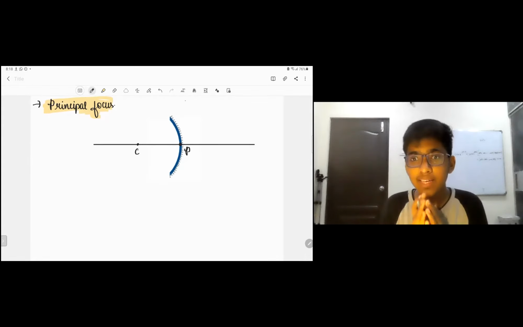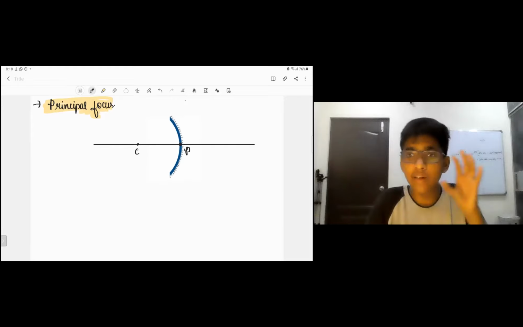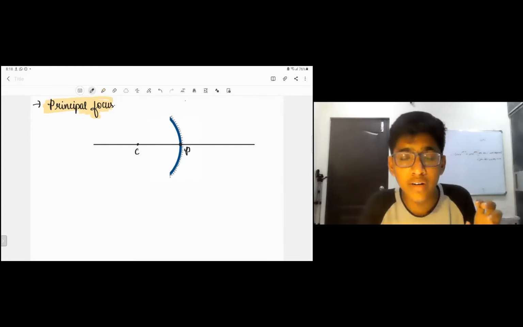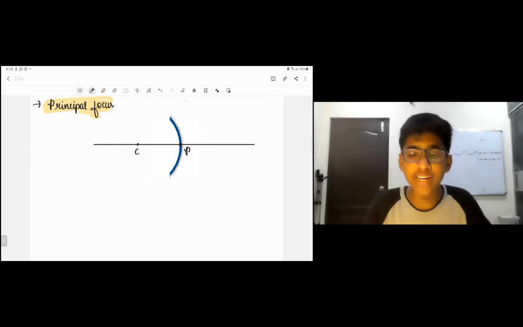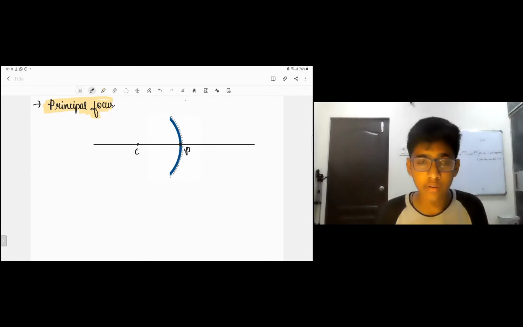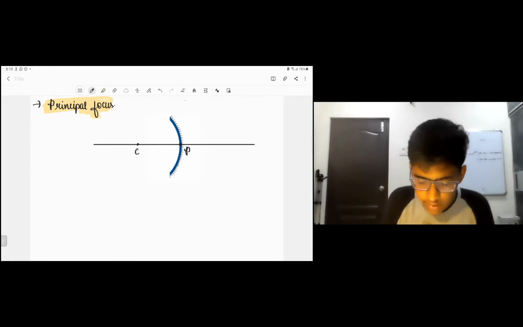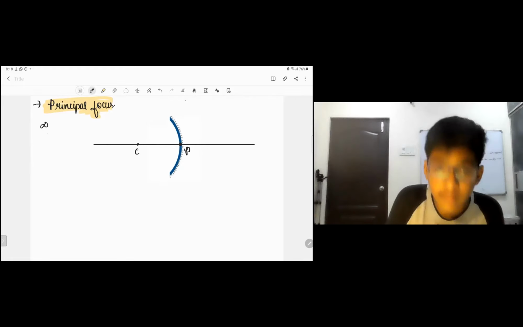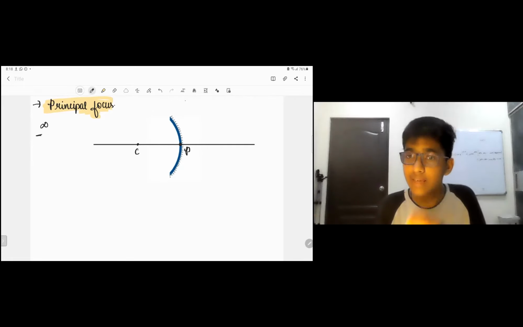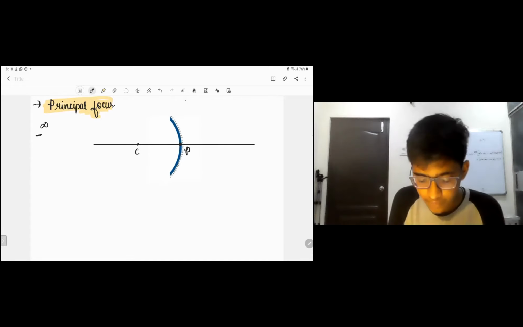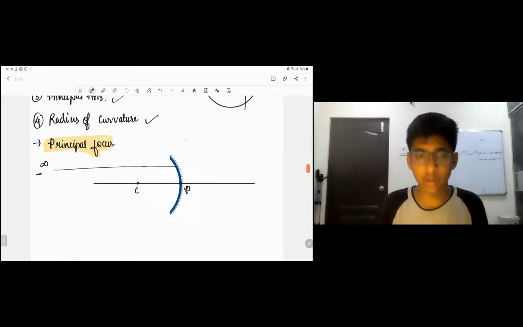Now this concept is very important. Any object placed at an infinity point to the mirror, meaning the object is at infinite distance from the mirror, then the light rays from the object come parallel to the principal axis. Very important.